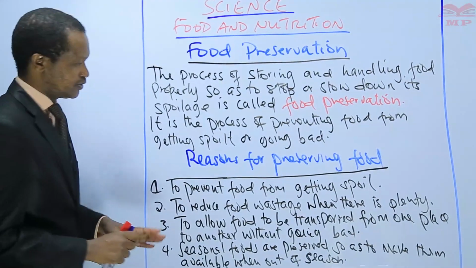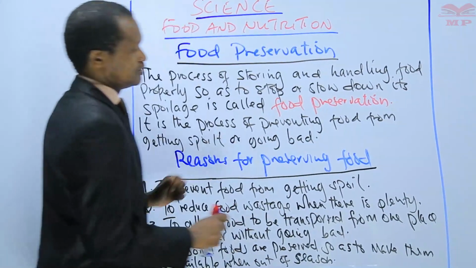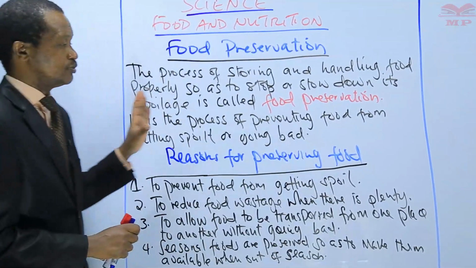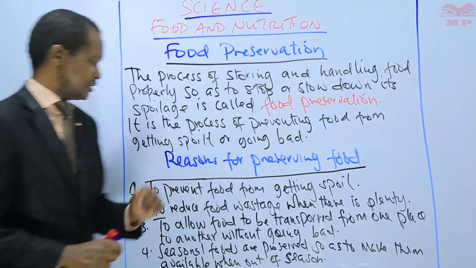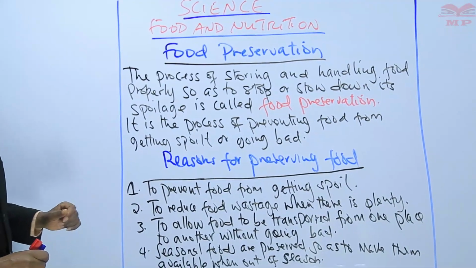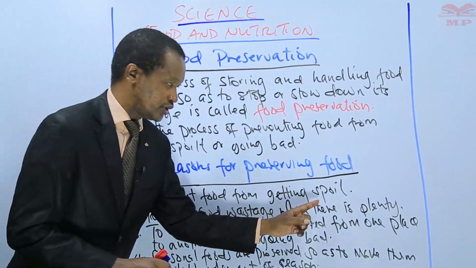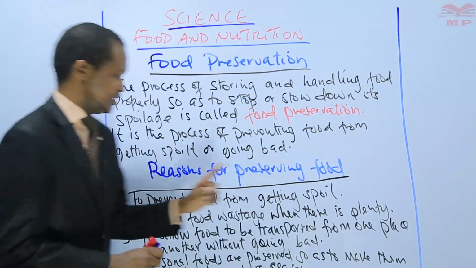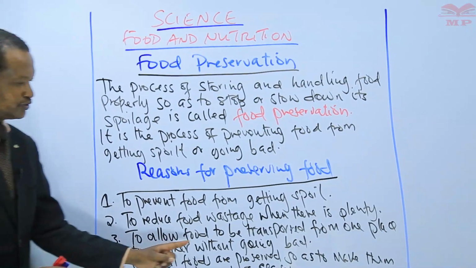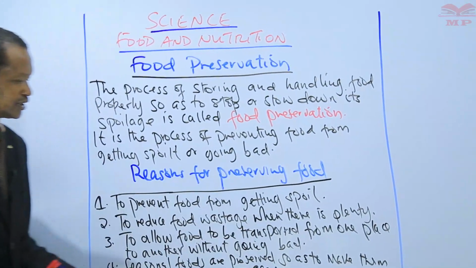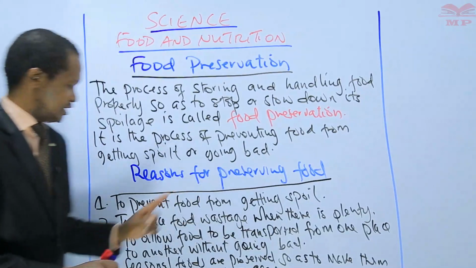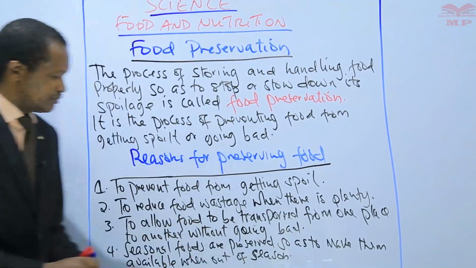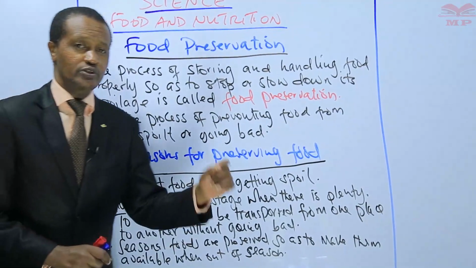So learners, these are 4 reasons. How many reasons? 4 reasons why food should be preserved. Number 1, food should be preserved to prevent it from getting spoiled. Number 2, to reduce food wastage when there is plenty. Number 3, to allow food to be transported from one place to another without getting spoiled. Number 4, seasonal foods are preserved so as to make them available when out of season.